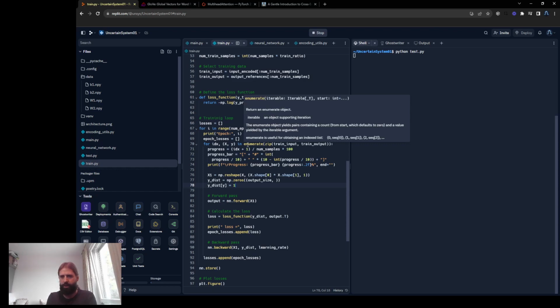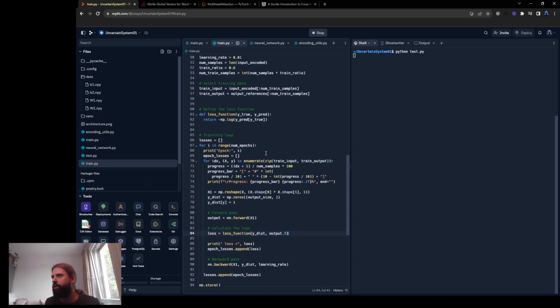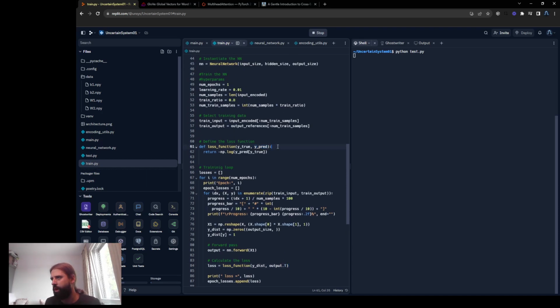First of all, and then probably we'll just leave it here. We have the y distribution, which is basically the true distribution: take the output size, and then you know what y is. What we need to do here is the y predicted.